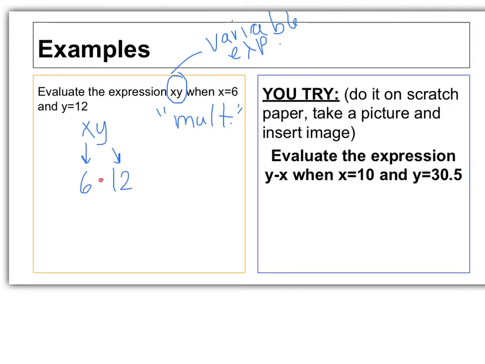If I don't put that multiplication symbol in there, it's going to look like 612. And that's not really what's going on here. What's really going on here in this variable expression is that x and y are multiplying. So we end up doing 6 times 12, which is 72. And we have evaluated the expression xy when x equals 6 and y equals 12.